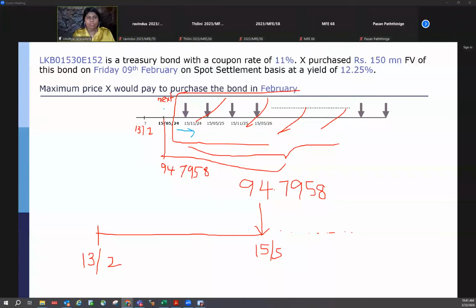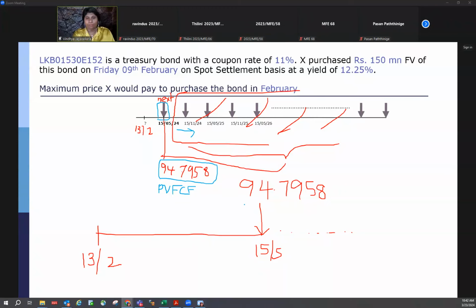But on 15th of May also, there is a coupon that I get. That coupon is not considered inside this 94.7958 because 94.7958 is the present value of your future cash flows. It does not have the coupon on that day.